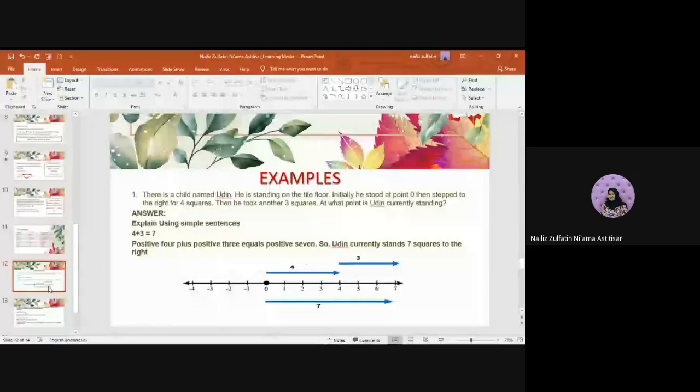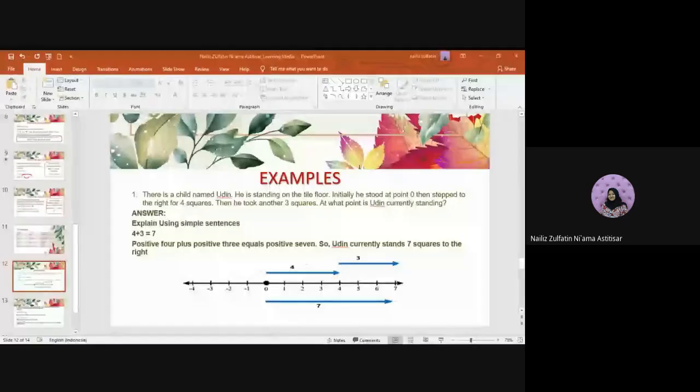Now we continue with another example. First example.